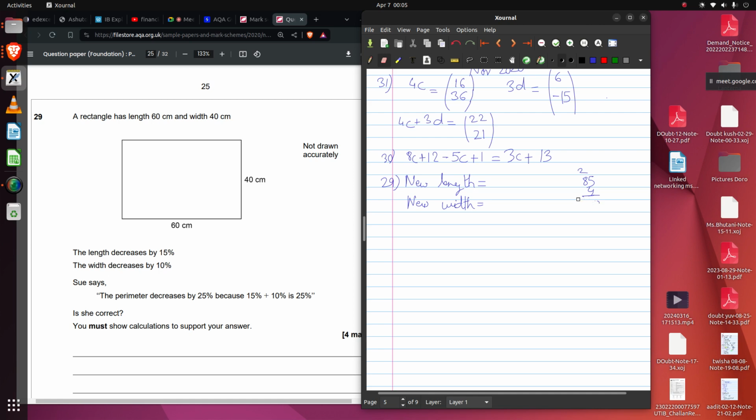I was thinking of using the percentage decrease formula. Okay. Tell me what it is. What is it?